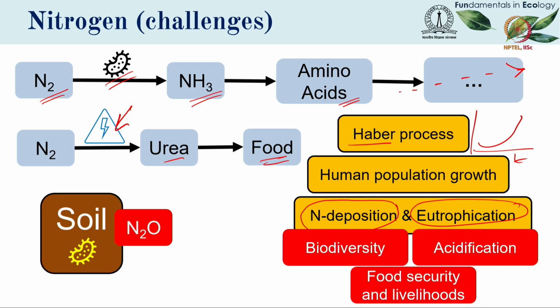Main concern about nitrogen deposition is when nitrogen is deposited in large quantities, it allows the dominant species in a community to overtake everybody else. So you generally see a loss of biodiversity in places that have very heavy amounts of nitrogen deposition from the atmosphere.